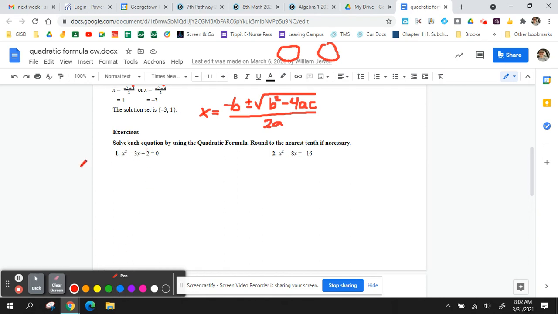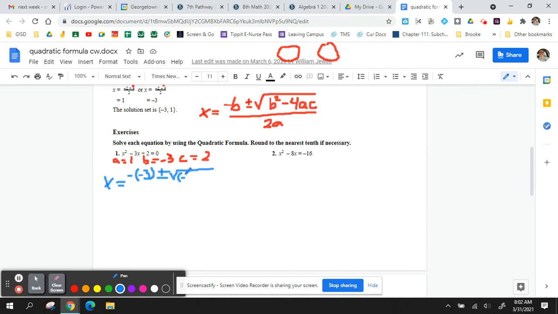So let's first look at here on number 1, what is our a, our b, and our c? Our a value is 1. Our b value is -3. And our c value is 2. Okay, when we go to plug in, we have x equals -b, right? -3, and I'll condense that in just a second, plus or minus the square root of b squared.